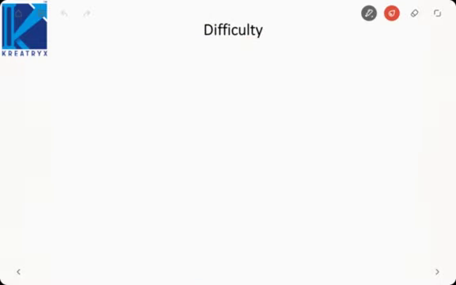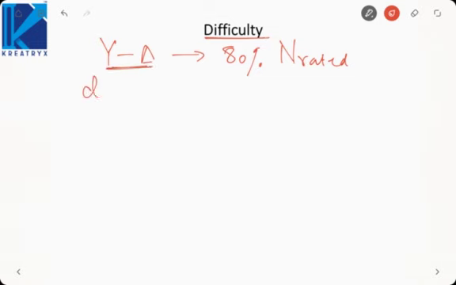Okay. Now what is the difficulty in case of star delta starter? First of all, when you are changing from star to delta, you have to take care that the speed is around 80% rated speed. Otherwise there are very high currents. Why there are high currents? Whenever we have to convert from star to delta, we will have to disconnect the winding, because we are changing the connection.